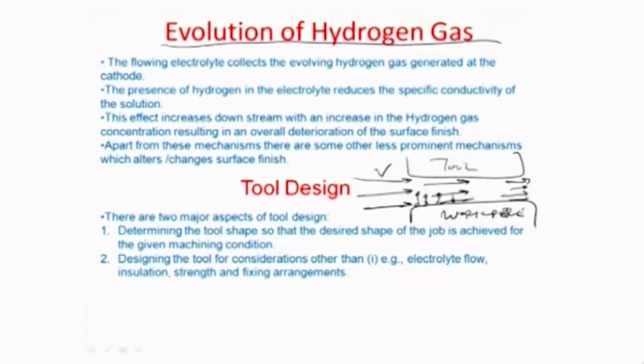The local concentration of hydrogen in the electrolyte increases, because of which there is a change in conductivity. The hydrogen concentration may be lesser here, but by the time this goes ahead and the hydrogen gets carried away, more and more hydrogen packs off into this electrolyte. So, hydrogen concentration is greater here.